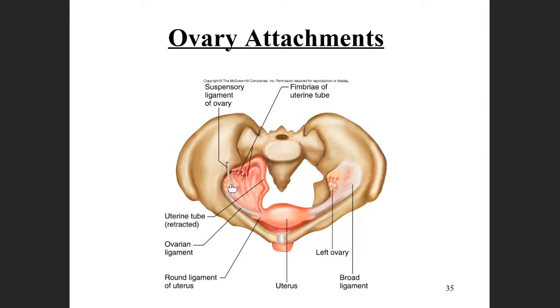The ovary is held in place by the ovarian ligament, as the name implies. The suspensory ligament holds the ovary in place too, and in the suspensory ligament you might see blood vessels traveling through as well. So that's 3. And then there's the round ligament, which holds the uterus in place. So that's the 4 types of ligament.